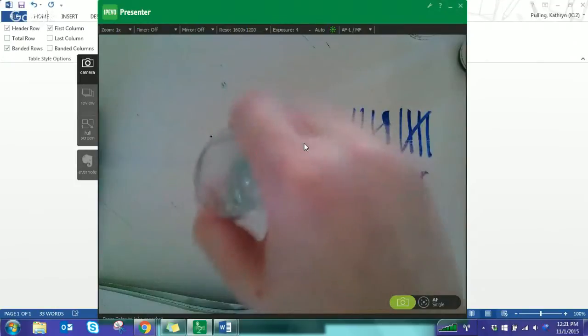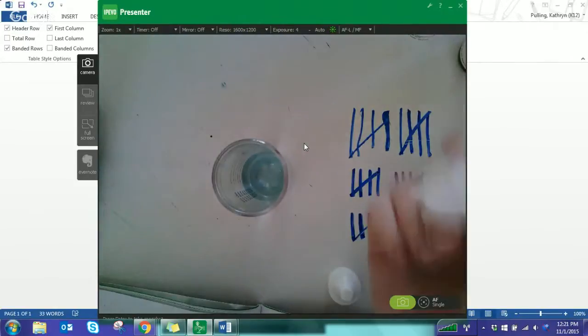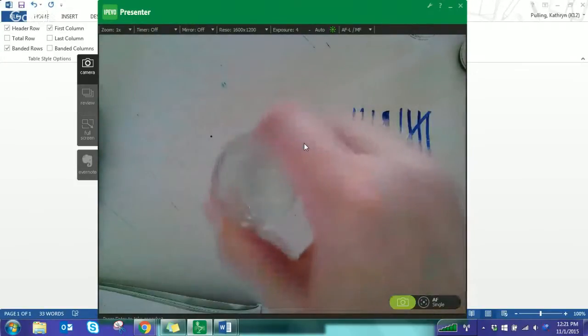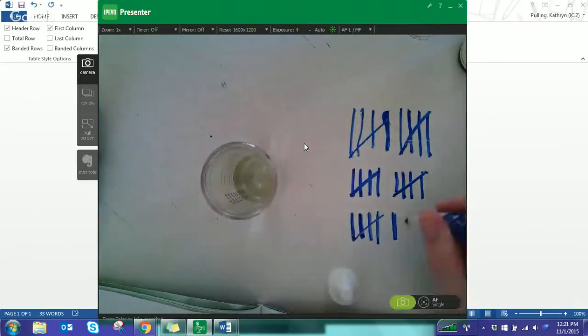Oh, that almost went clear. 27. Definitely barely any of that kind of greenish blue color in there anymore.